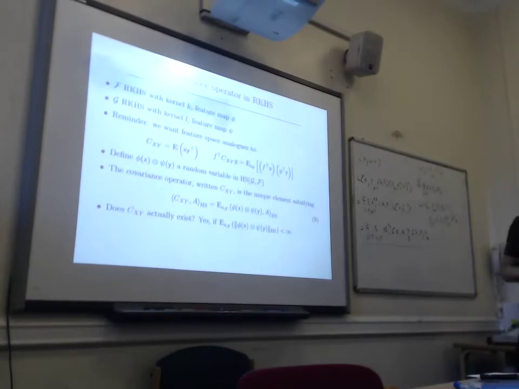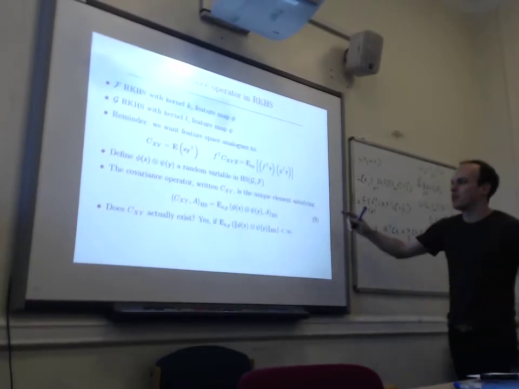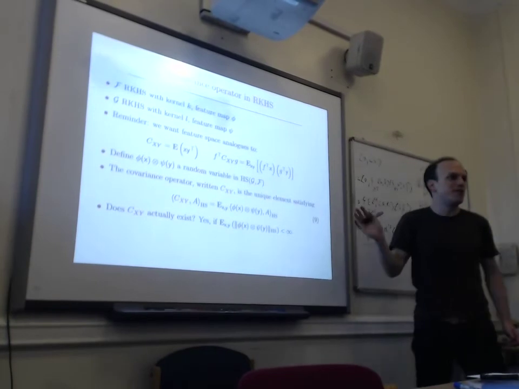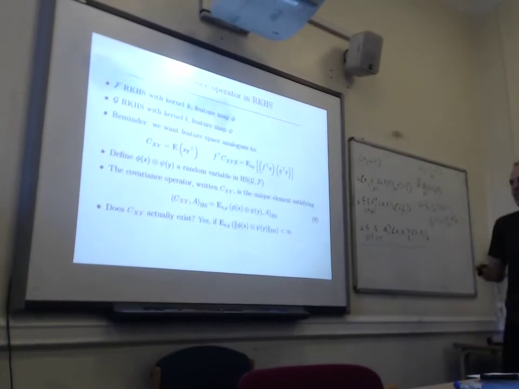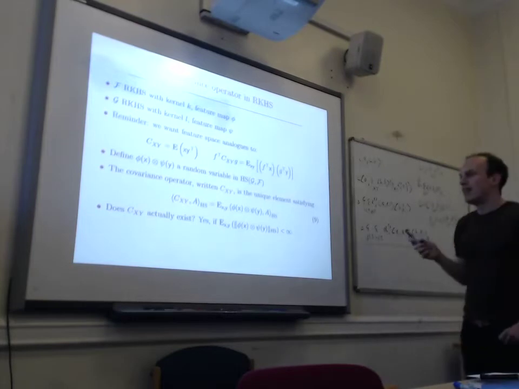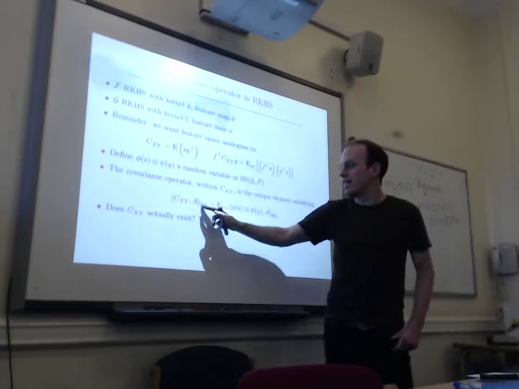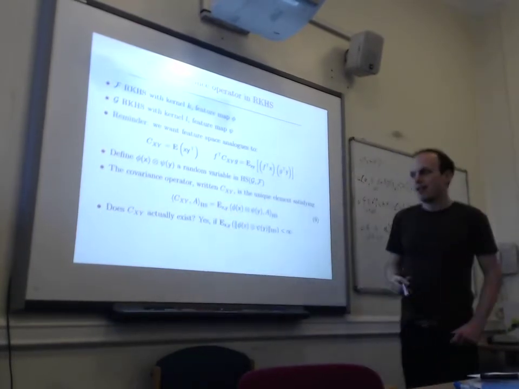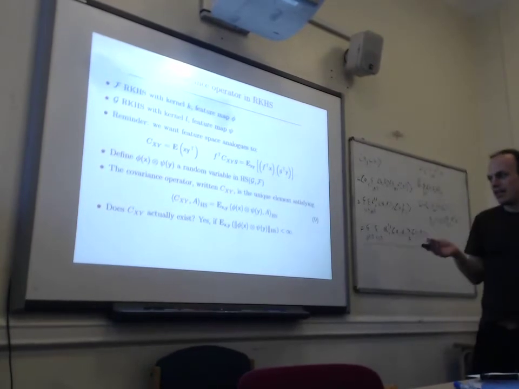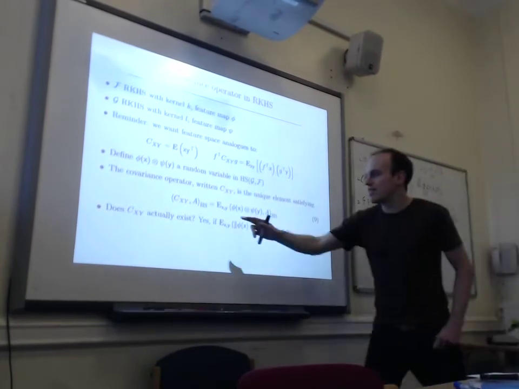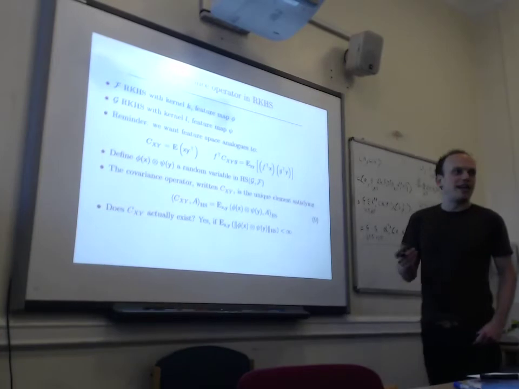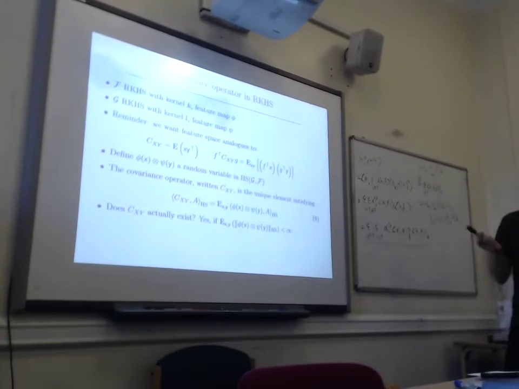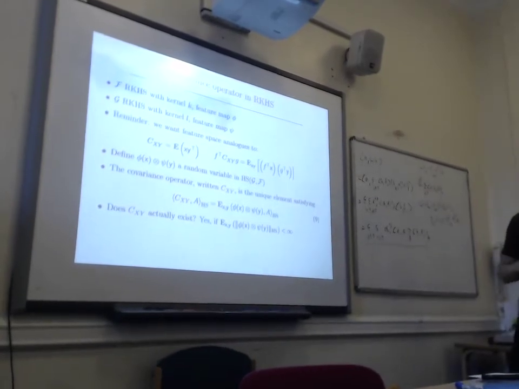If it is, then I can show this property that I'm after using the proof that I did on the previous slide. So my question now is, how do you prove that this object is in this space? The idea is that if this thing has finite norm, then we know it's in the space.